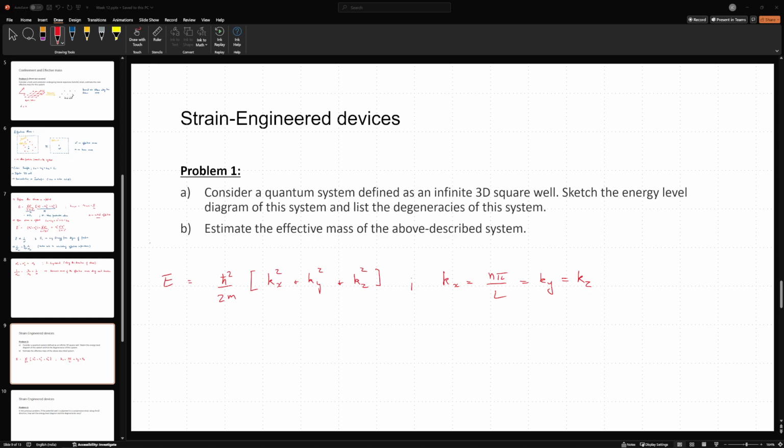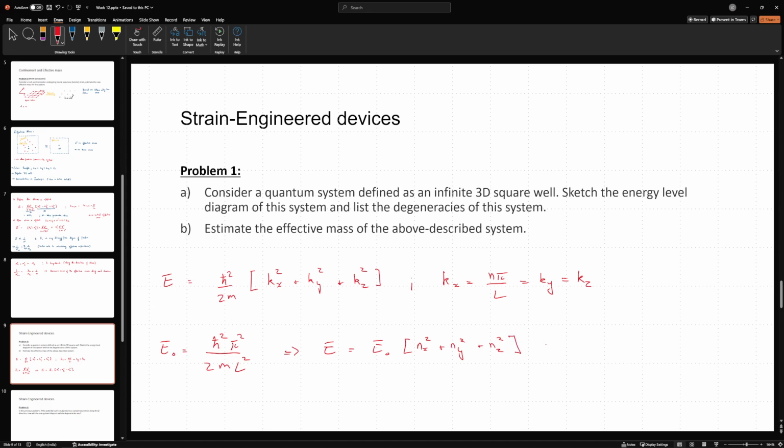So again, let me write E naught is equal to h squared by 2m pi squared upon L squared. So this is E naught, which will imply the energy of the system is going to be E naught into nx squared plus ny squared plus nz squared.